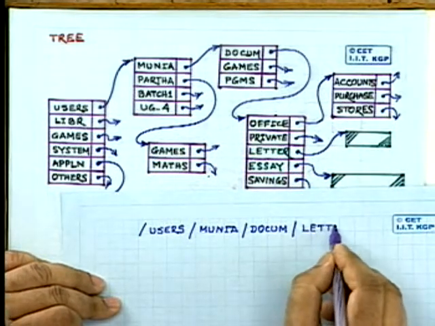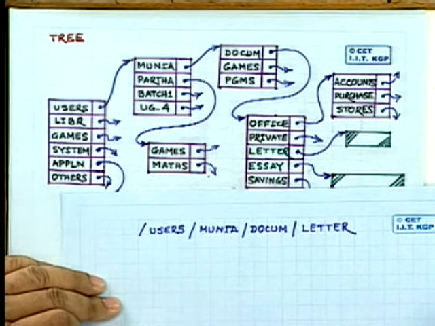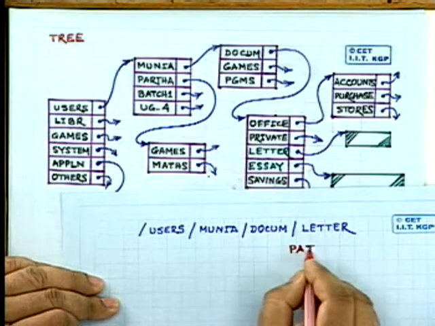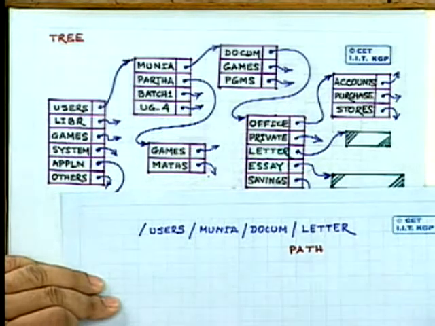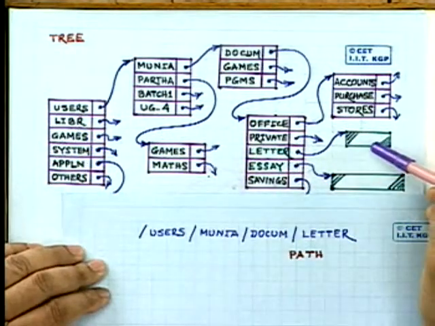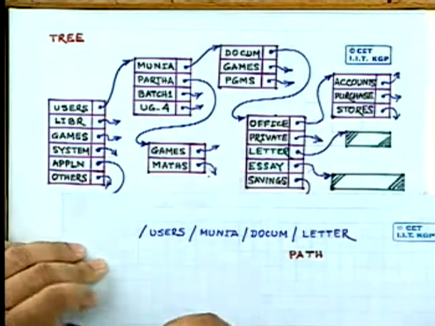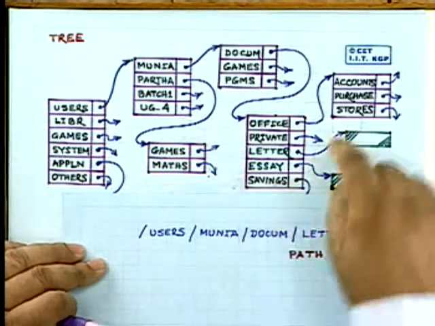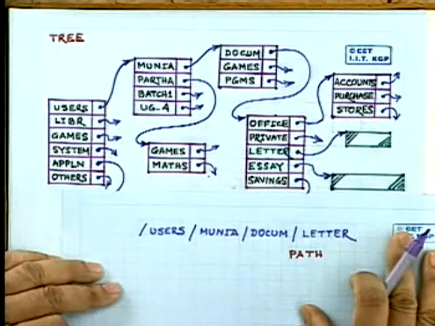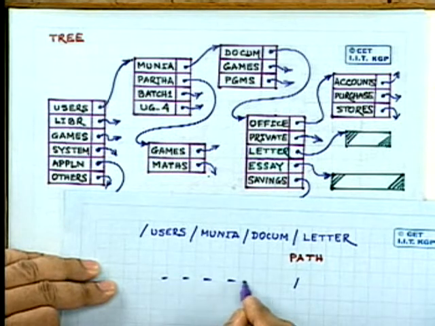this we call a path, right? Starting from the root to a particular file or to a particular directory, for example, if we want to come to this directory, instead of later, we can say that this remains the same.